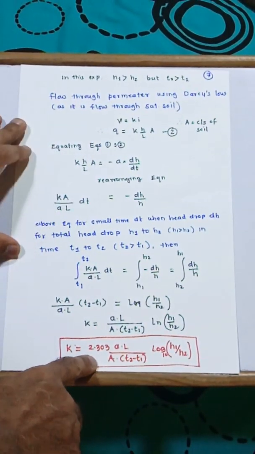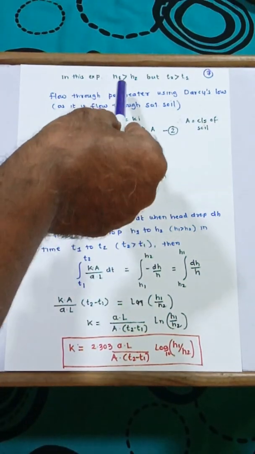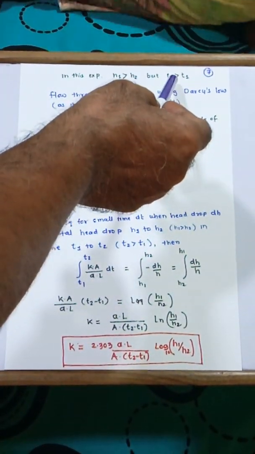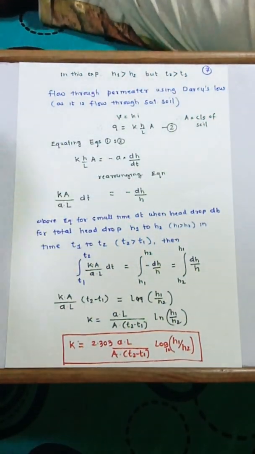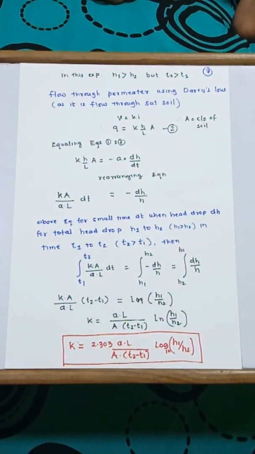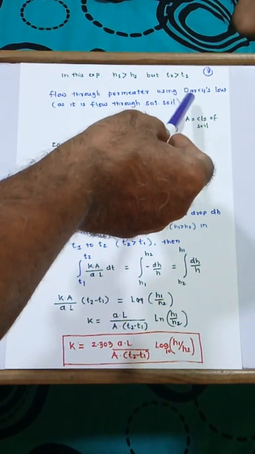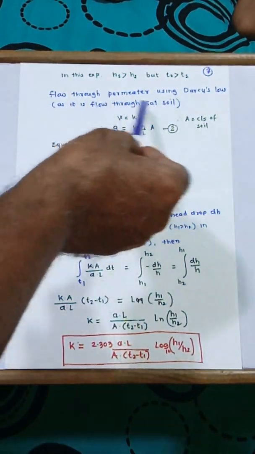As we discussed earlier, which is written here, h1 head is greater than h2, but time t2 is greater than t1. So now we consider the flow through the permeameter, that is through the soil, using Darcy's law.